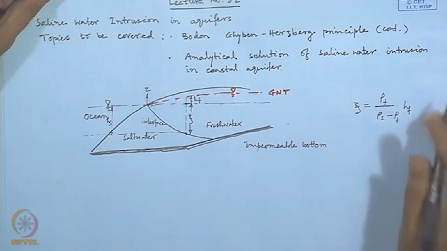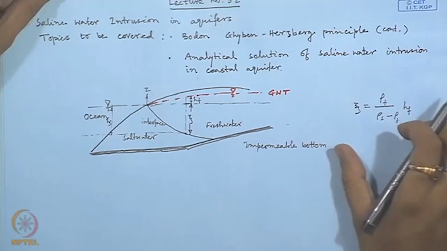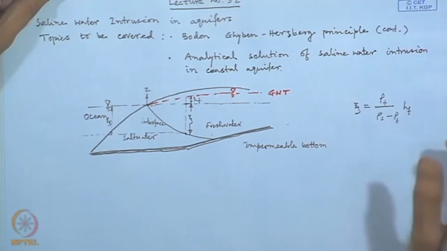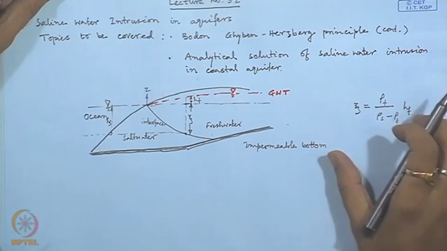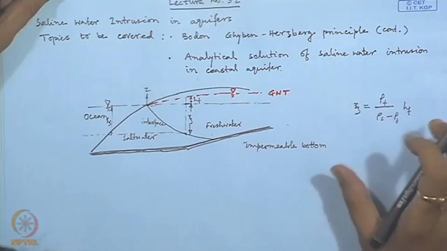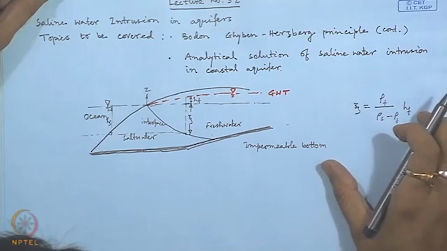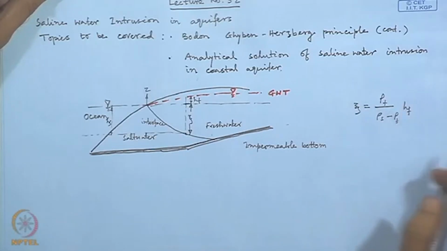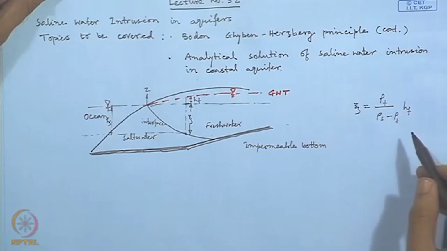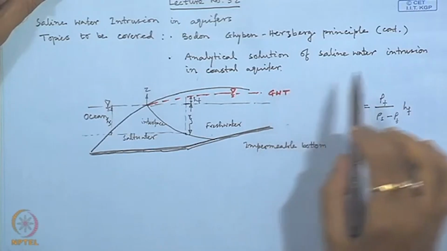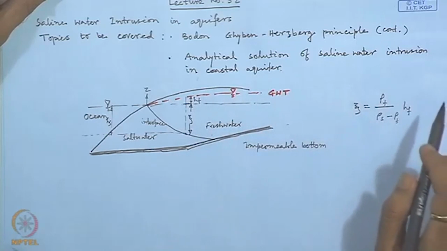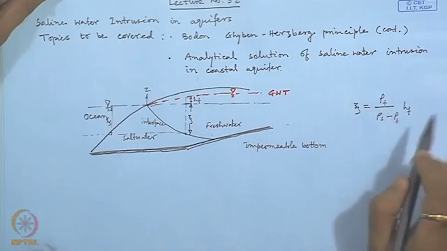In this particular derivation, we have assumed that our salt water wedge is basically stationary or stagnant. With this assumption, we will continue our derivation for saline water intrusion in different coastal aquifer formations.